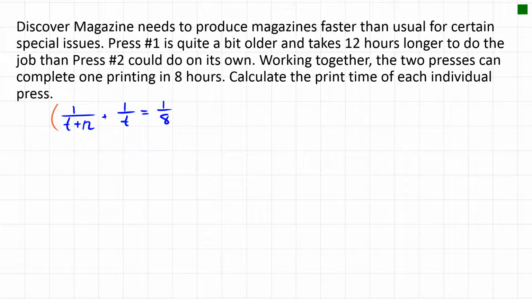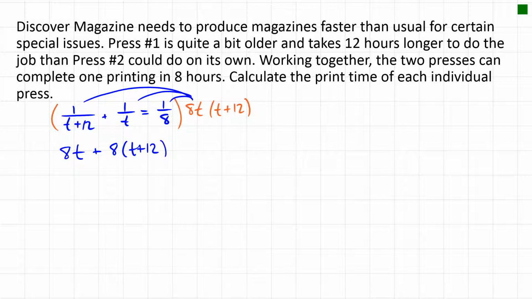To solve, I have to multiply everything by 8t times t plus 12 to get rid of all those denominators. Multiplying that into each of the 3 terms, that would be 8t plus 8 times t plus 12 equals t times t plus 12. And now we'll expand and we will solve.